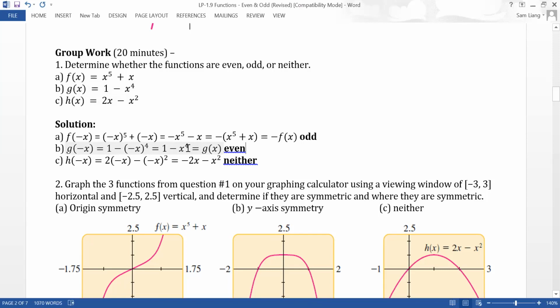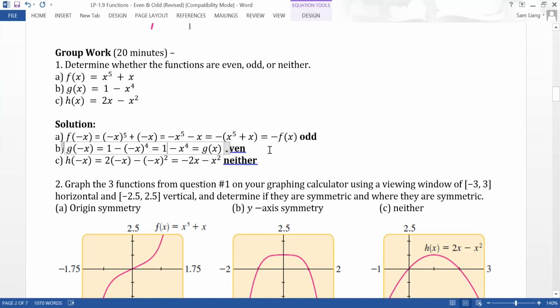Hopefully by now you're noticing a pattern. It has to do with the exponents. x squared, which we saw earlier, was even, and same thing here, x to the 4th; 4 is an even number, so this is also an even function. Don't be thrown off by this 1 here. You could see it as x to the 0.